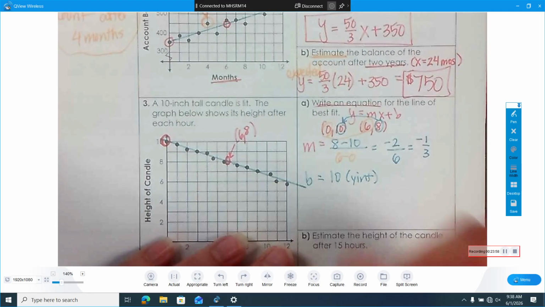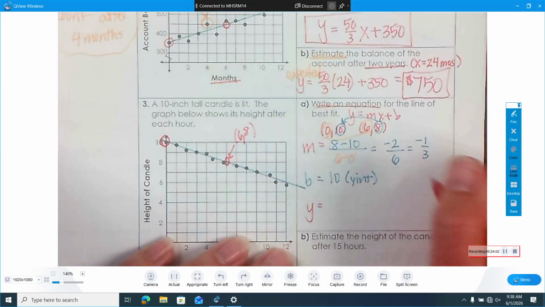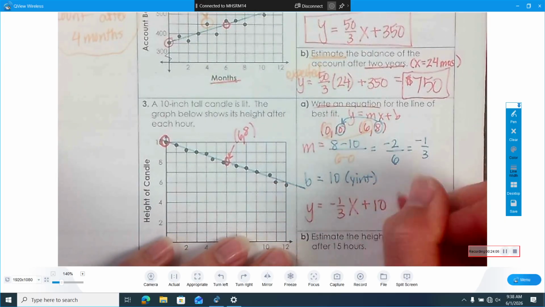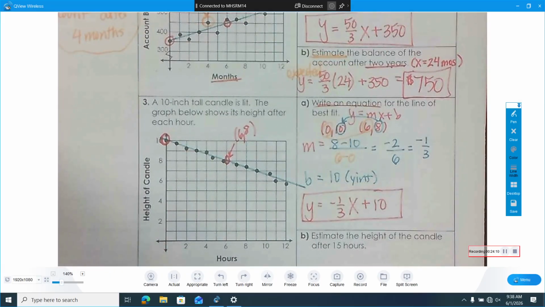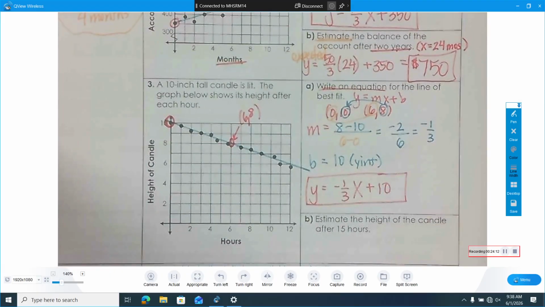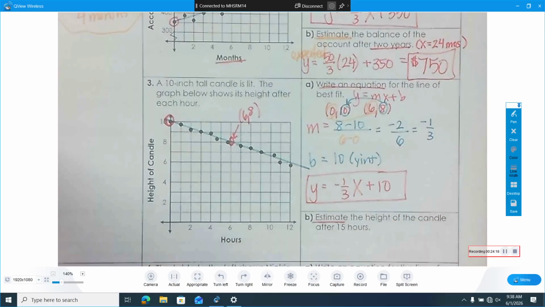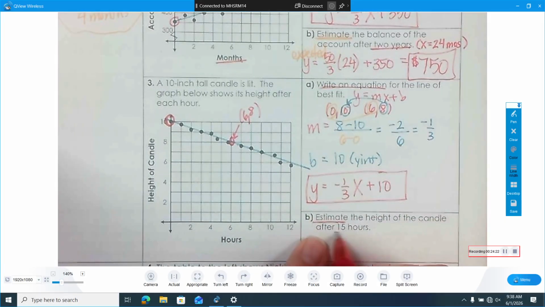And so we're going to write our equation. Y equals my m, negative 1/3 x plus 10. So there's our little equation, y equals mx plus b. All right, and then it says estimate. So we're going to predict the height of the candle after 15 hours.